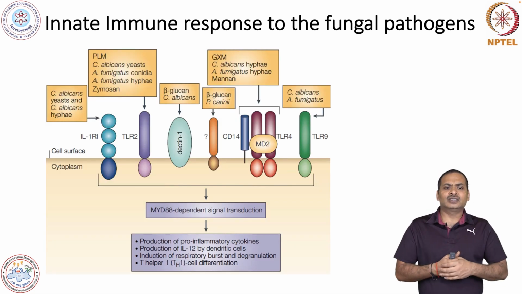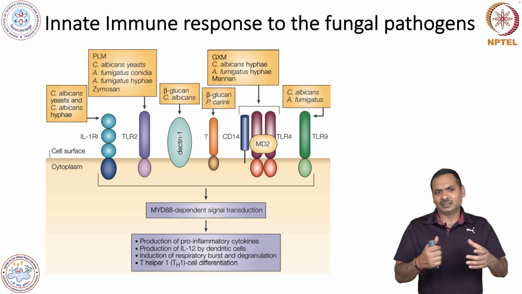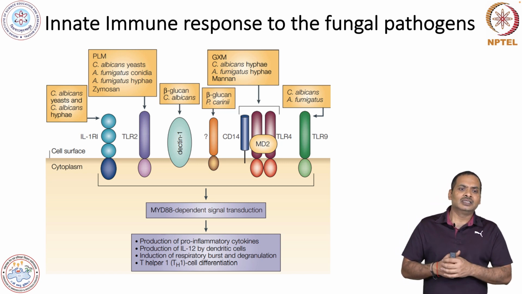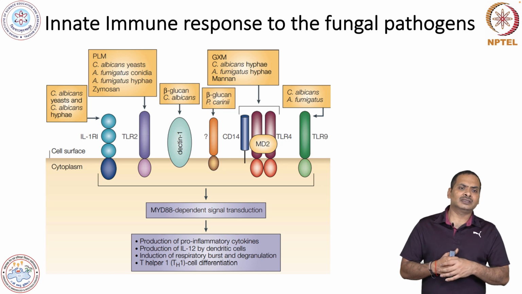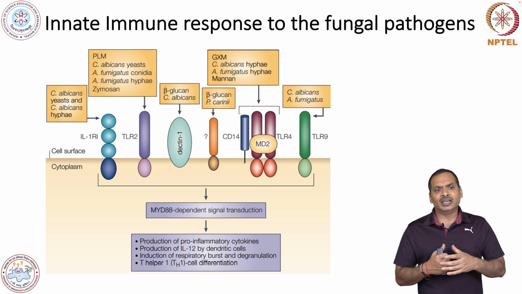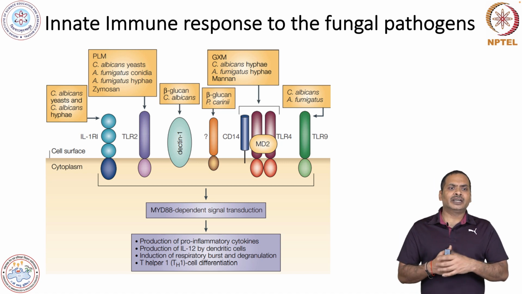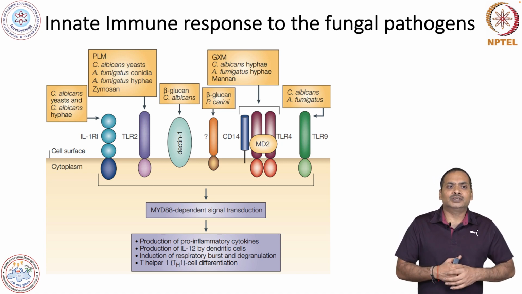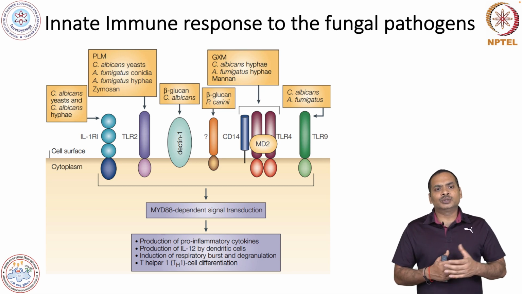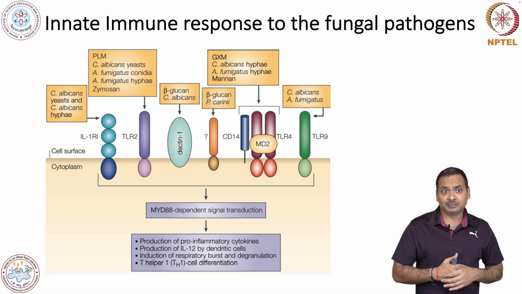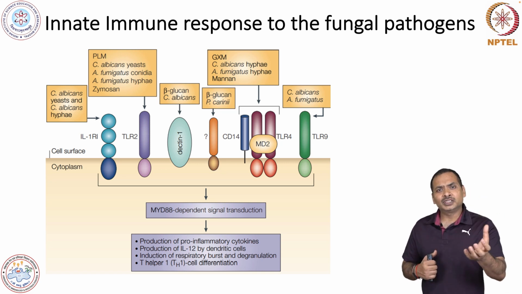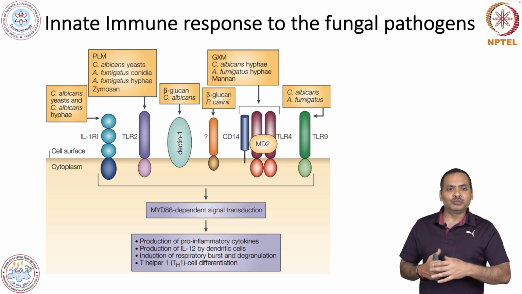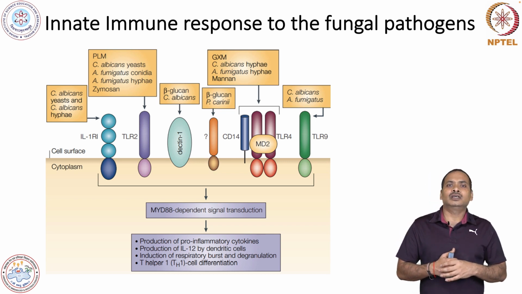Here is another quite detailed slide with various sensors. There is the IL-1 receptor 1, which is also sensing Candida albicans yeast and Candida albicans hyphae. TLR2 can also sense a variety of fungal pathogens, including the PAMP zymosan, which is basically a beta glucan.